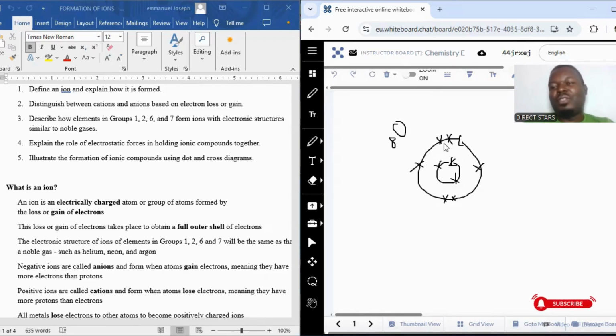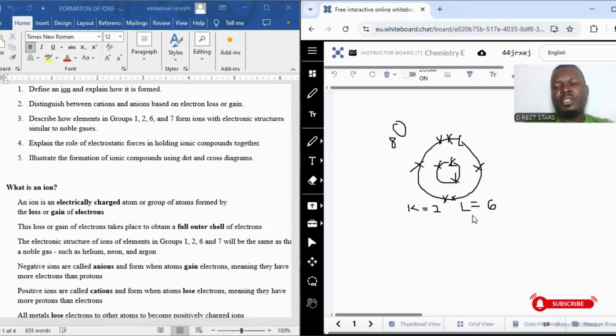Now, the inner shell of your oxygen atom is completely filled because the maximum electrons the K shell can take is 2, while the other energy levels, L, M, can take a maximum of 8 electrons to achieve stability. But in this case, we have our K shell to be 2 and our L shell to be 6.